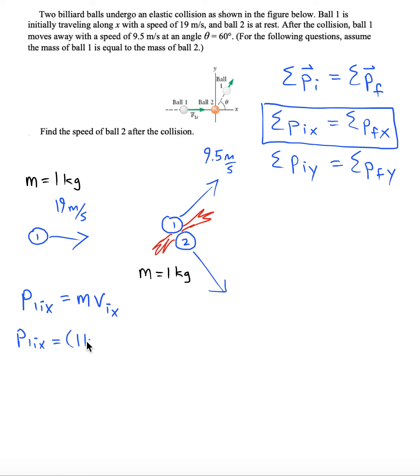That's 1 kilogram times 19 meters per second, 19 kilogram meters per second. Now ball 2 had actually started from rest, so P2ix is just going to be 0.